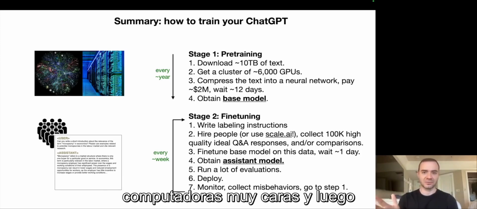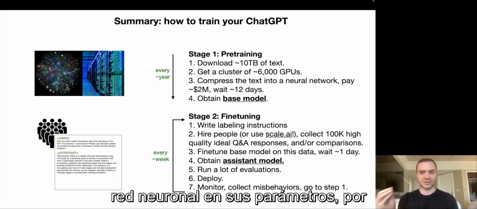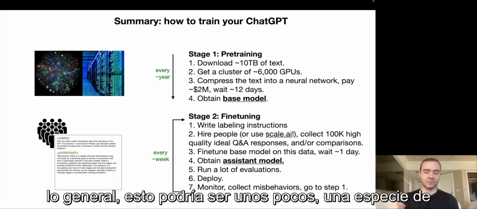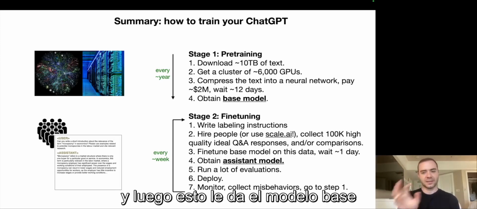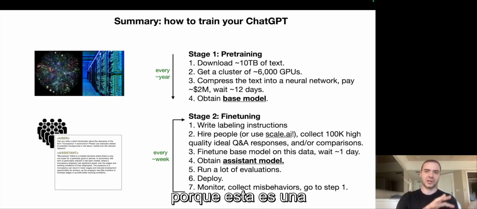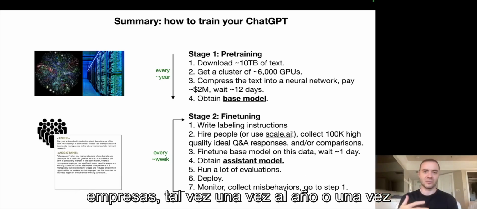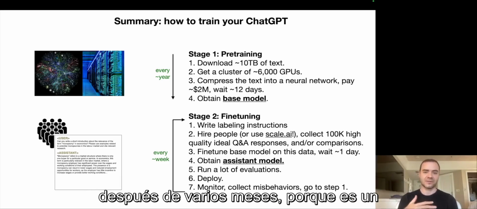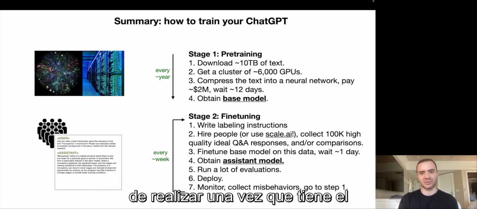These are very expensive computers. And then you compress the text into this neural network, into the parameters of it. Typically, this could be a few millions of dollars. And then this gives you the base model. Because this is a very computationally expensive part, this only happens inside companies maybe once a year or once after multiple months, because it is very expensive to actually perform.